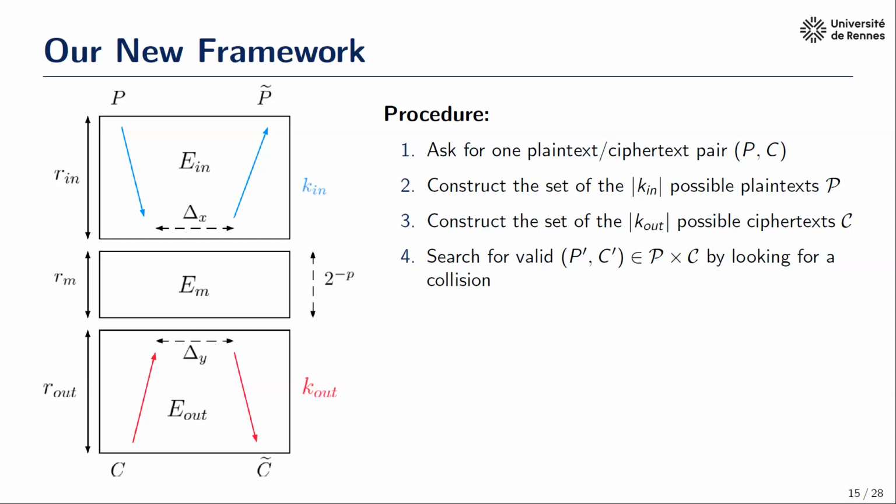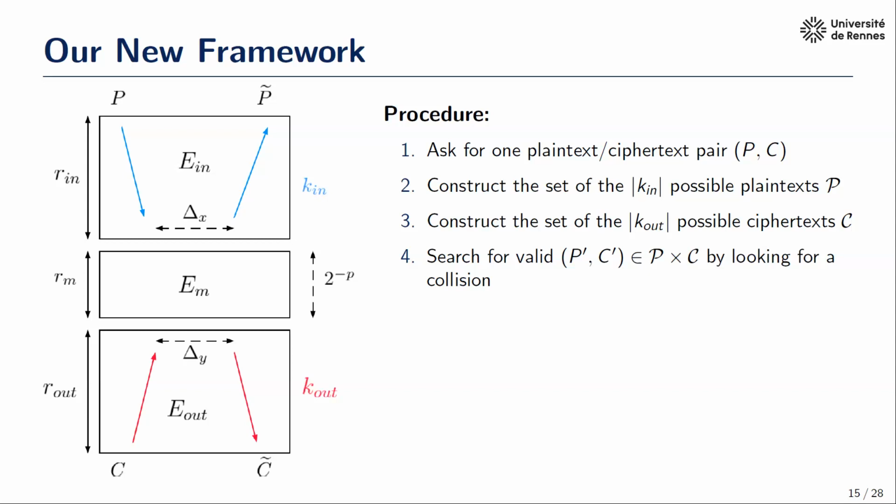First we ask for one plaintext-ciphertext pair, P, C. Then we loop over all the possible values of K in, partially encrypt this plaintext, apply the input difference of the distinguisher, and partially decrypt this new state to obtain a new plaintext P prime. We store this P prime in a hash table together with the value of K in used to compute it.